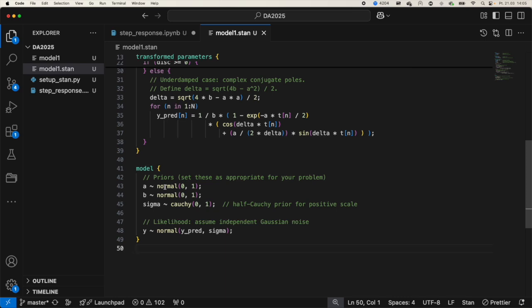Generally, it's equivalent to simulating a normal variable and taking the absolute value of it. This is generally the same, but this is how it's being done in Stan. So we are specifying these half normal distributions for A and B, and we are providing a prior for the standard deviation.